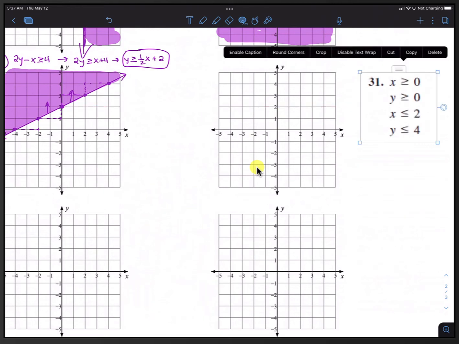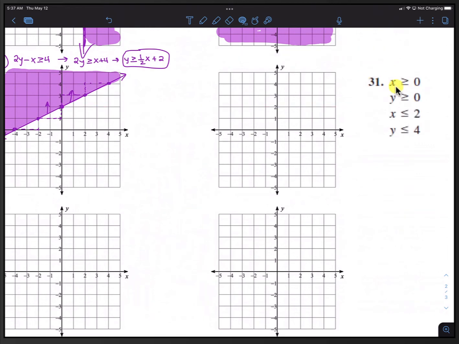Okay, all right, so here again, x is greater than or equal to 0. Well, if we just say x is equal to 0, we know that's going to be a vertical line going through 0. And it's going to be solid because it includes the equals. So we're drawing a vertical line through 0. It says x is greater, so that means we're going to be shading to the right of that line.